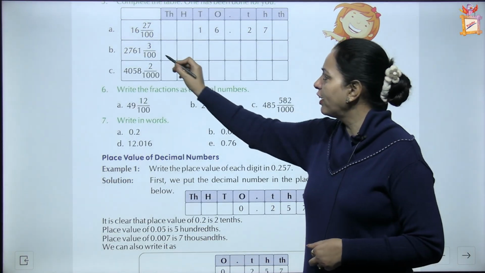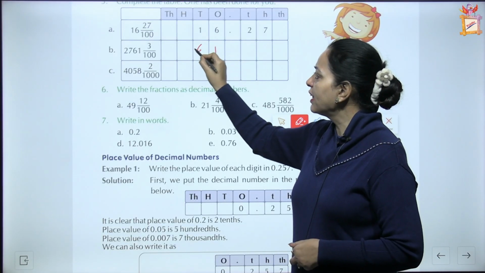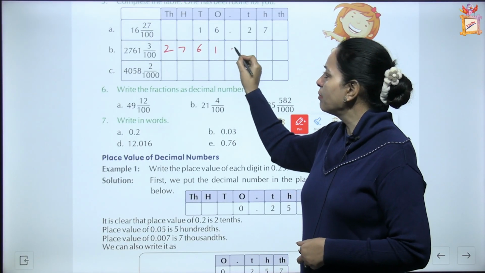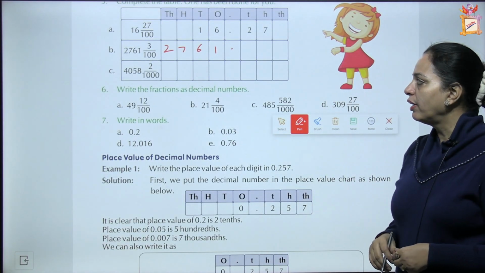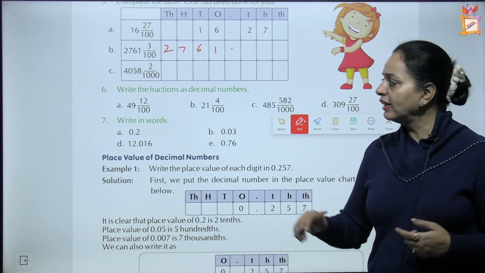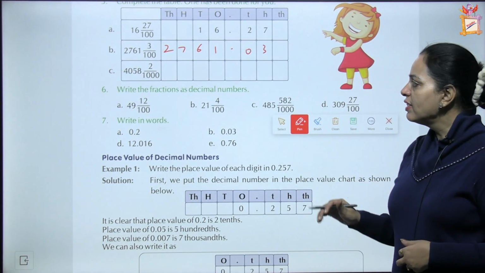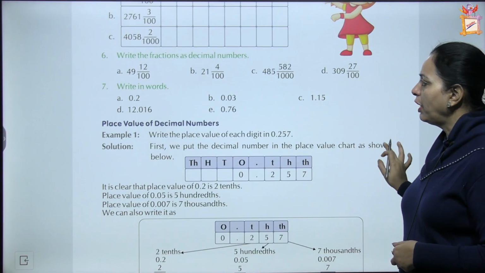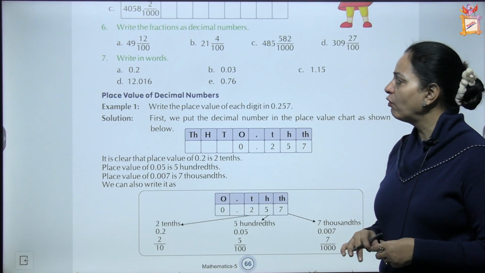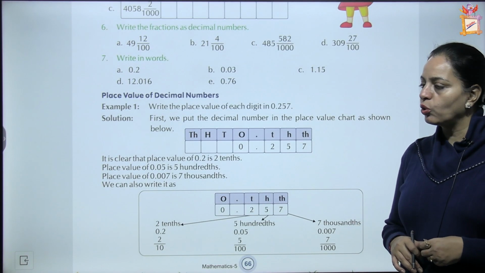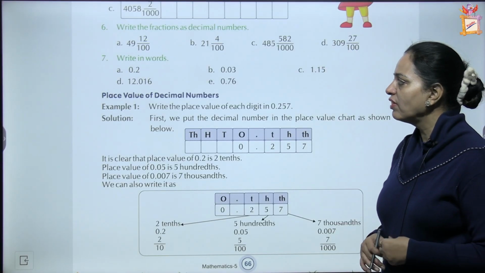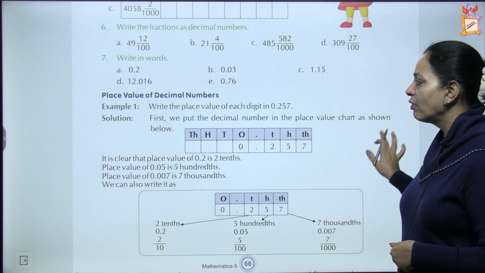So first write the whole part. 1672 decimal 3/100. It means tenths is 0 and hundredths is 3. Okay, similarly you can try the remaining parts. The sixth one, write the fractions as decimal numbers. You can try these. And the seventh, write the inverse. You can try this one also.